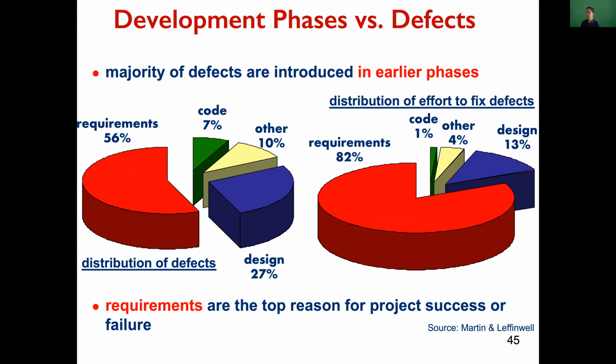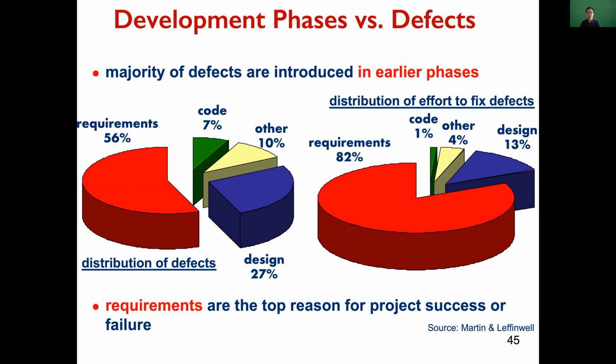So requirements are the top reason for project success or failure, followed by design. And coding only accounts for 1% of the effort to fix defects. Therefore, we need to apply software quality assurance in the early phases of the software development lifecycle.